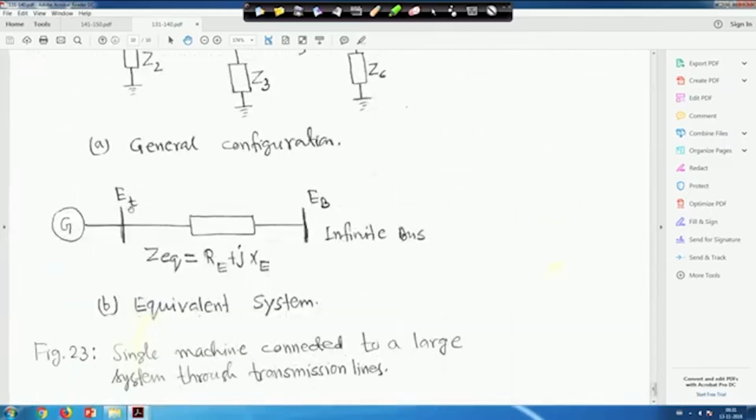This is my E t and this is my E b, this is the infinite bus, and x d dash also you have to consider for the generator, and this is R e plus j x c. If R a is neglected, we will consider only x d dash.